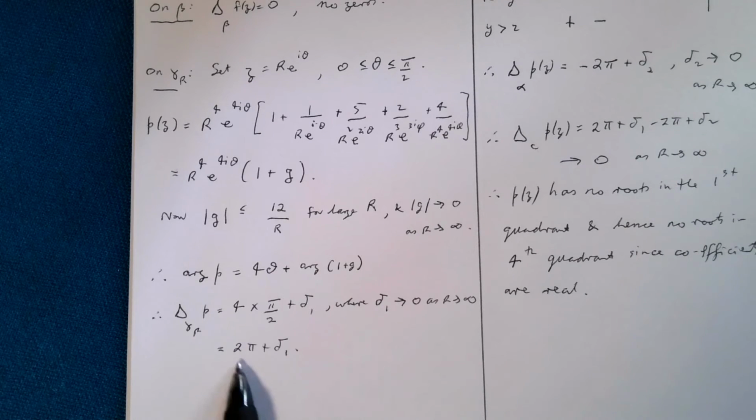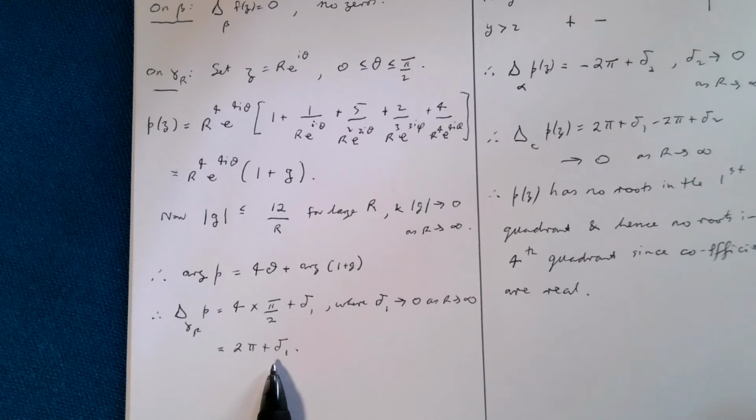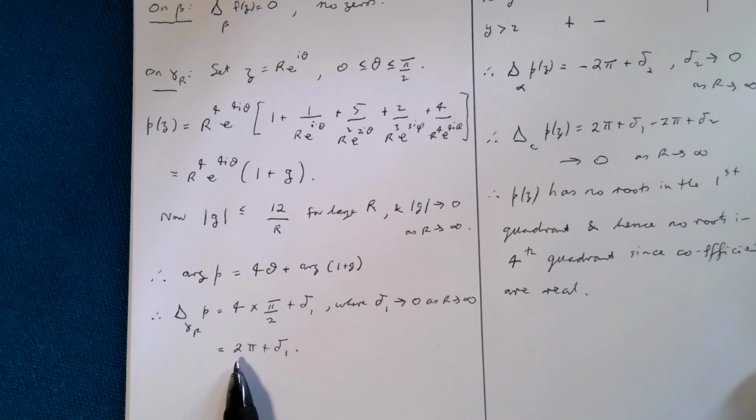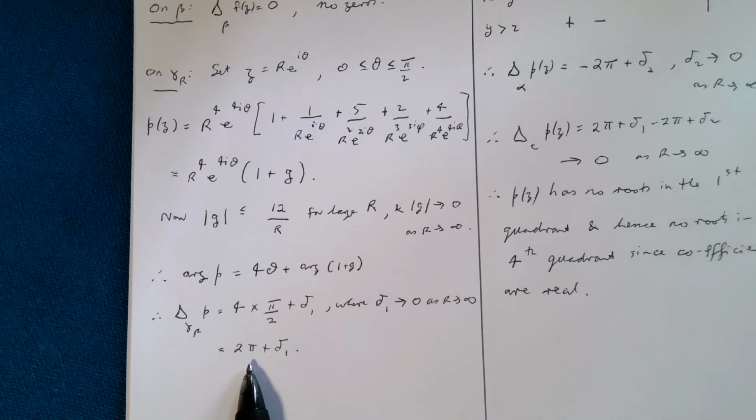So I'll write this as 2 pi plus delta 1. What that means in physical terms is that as I move around that quarter circle gamma r, the function p of z is moving through 2 pi plus a little bit around the origin. It's moving through that angle around the origin as I move through gamma r.